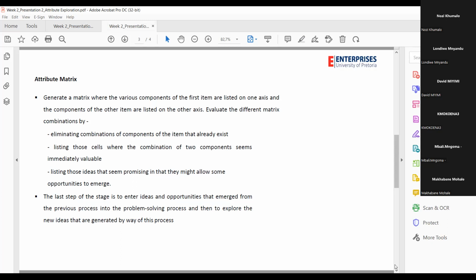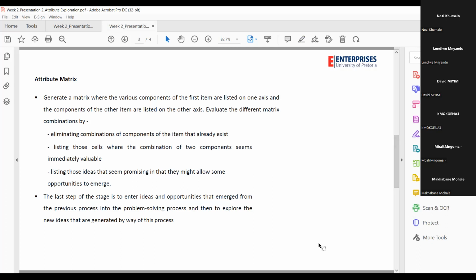You evaluate the different matrix combinations by eliminating combinations of components of the item that already exists, listing those cells where the combination of two components seems immediately valuable, and listing those ideas that seem promising in the way that might allow opportunities to merge. The last step of the stage is to enter ideas and opportunities that emerged from the previous process into the problem-solving process, and then to explore the new ideas that are generated by way of this process.